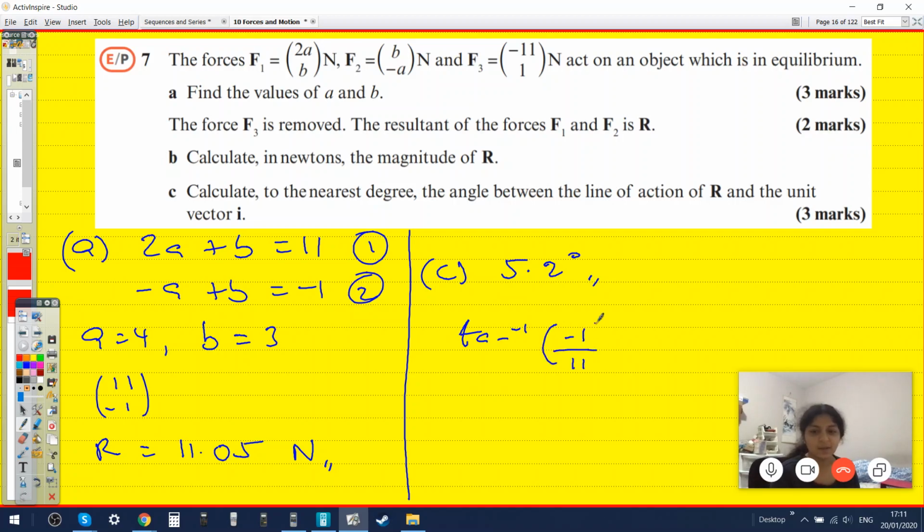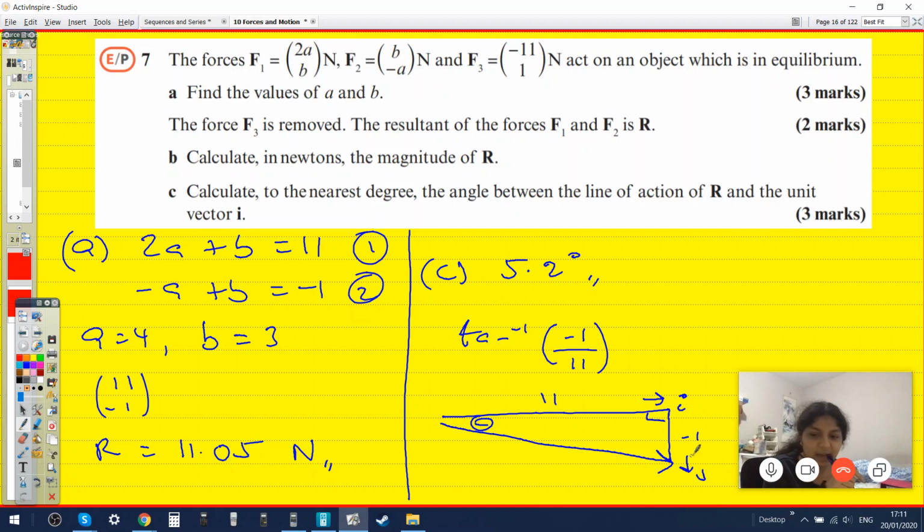I did cos. Why did you do cos? Because it says between the line of action of R and the unit vector I, so I just used cos. This was 11, that's minus 1, this is the I going across, and this one is the J. So this angle here is inverse tan of opposite over adjacent.